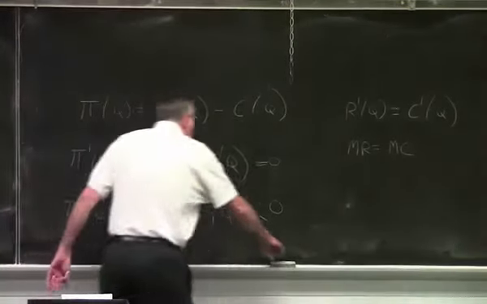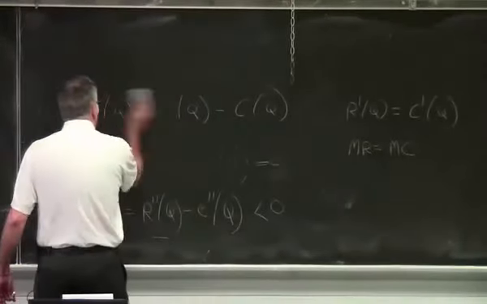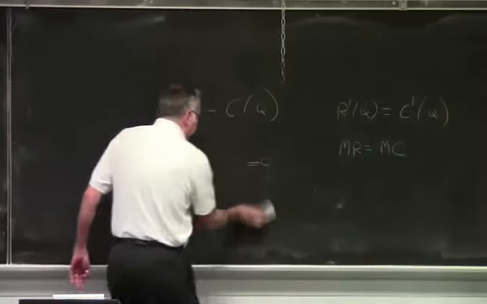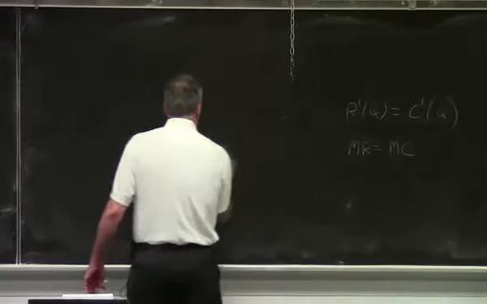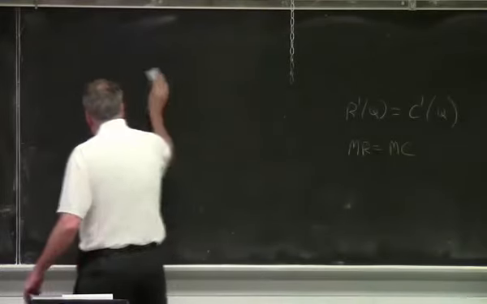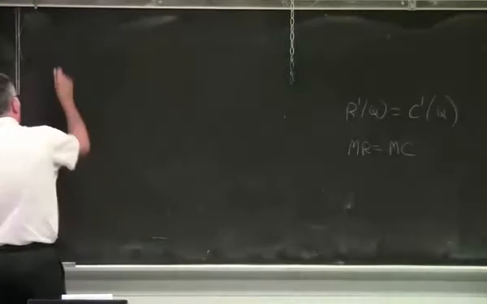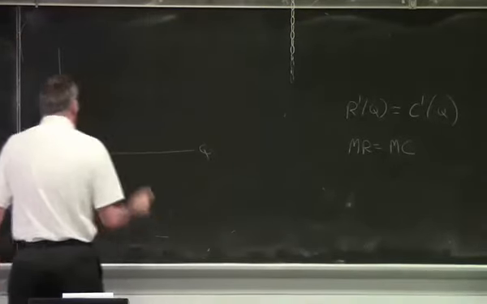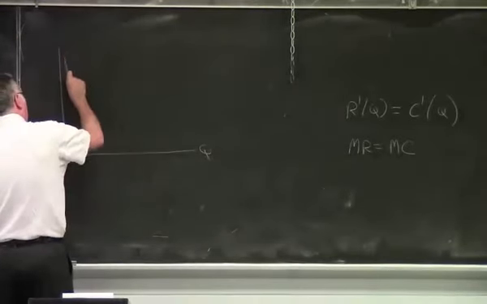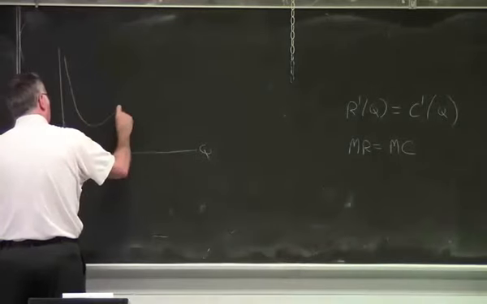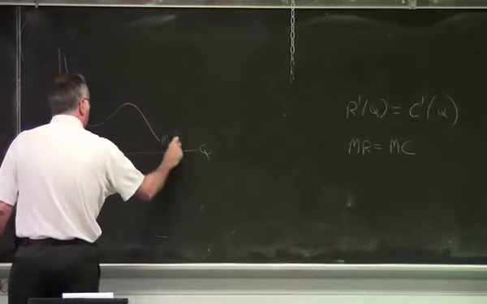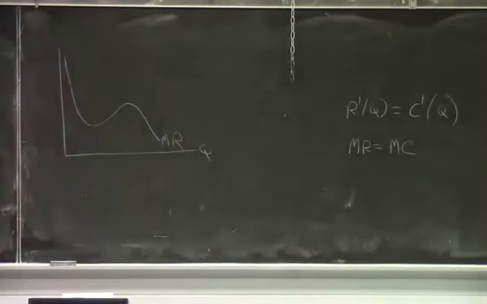Suppose we have a peculiar marginal revenue curve that looks like this. Initially, it's downward sloping.